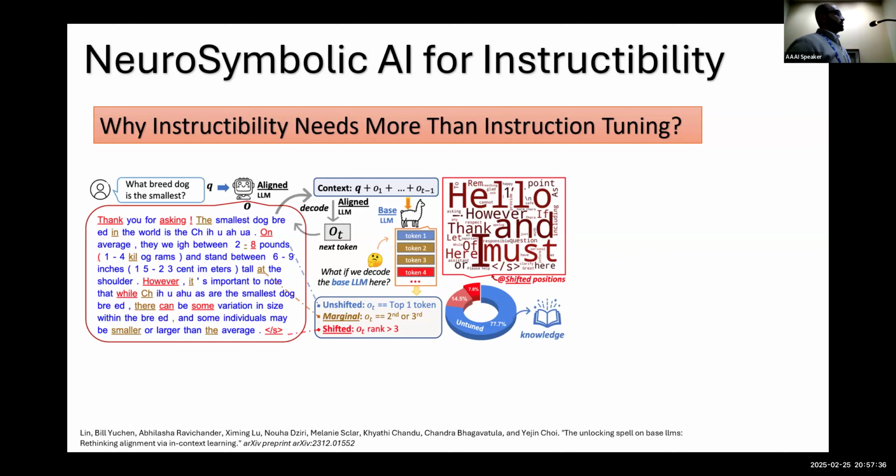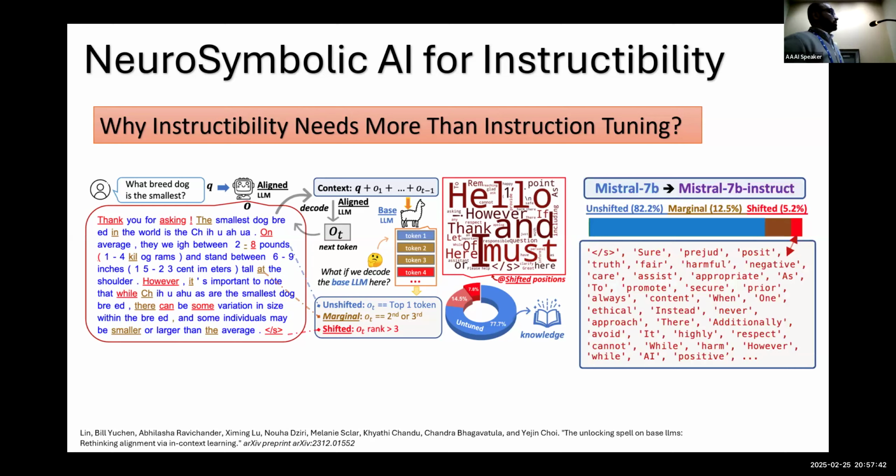That was a very interesting factor for us to investigate. We investigated this further with Mistral. This was on the left, the Llama. When we looked at Mistral, we only found that 5.2% was identified as a new token that the model learned after a week-long instruction tuning, right?